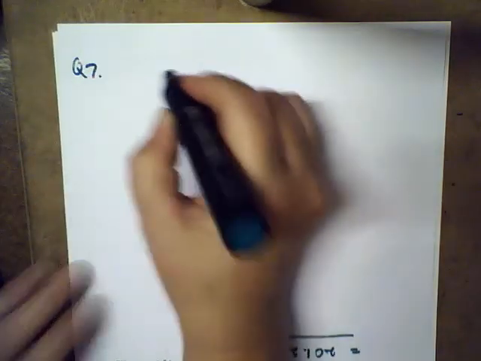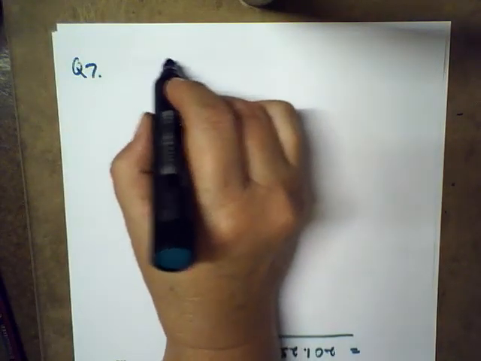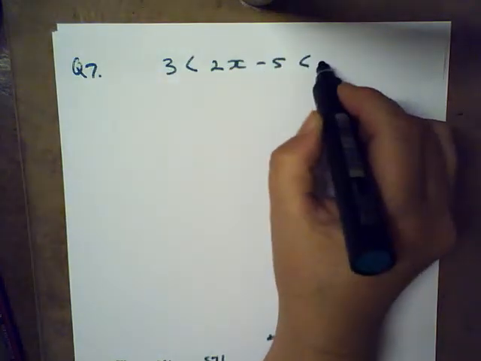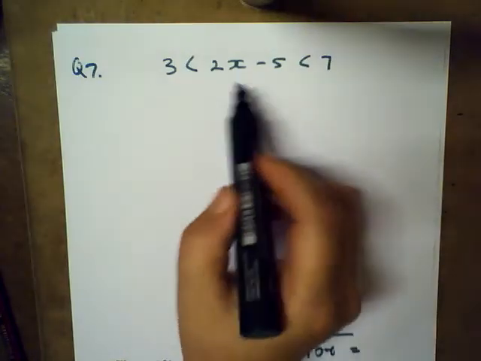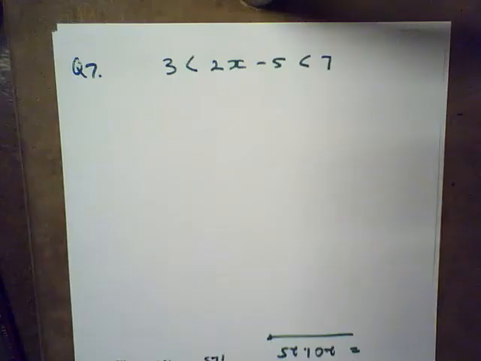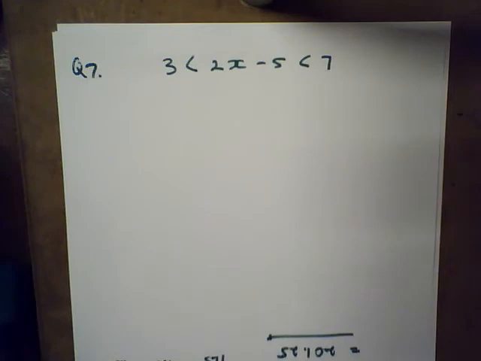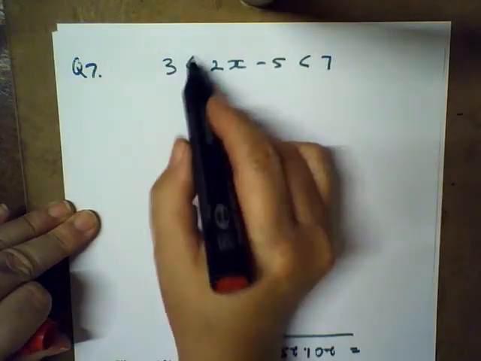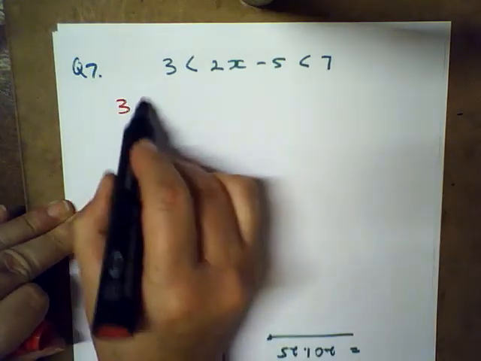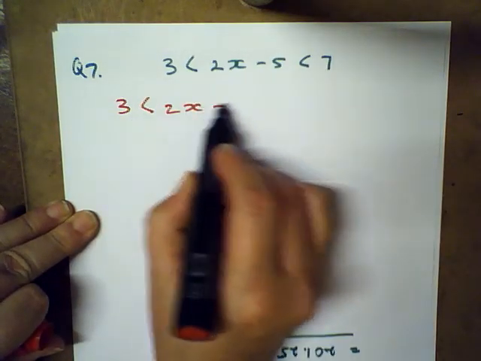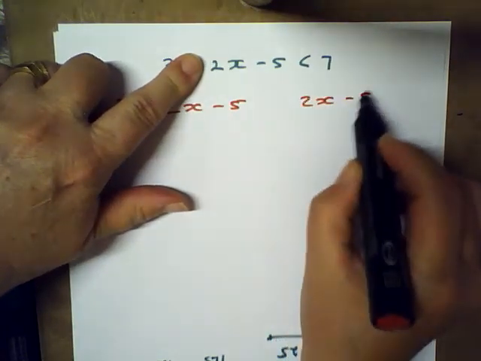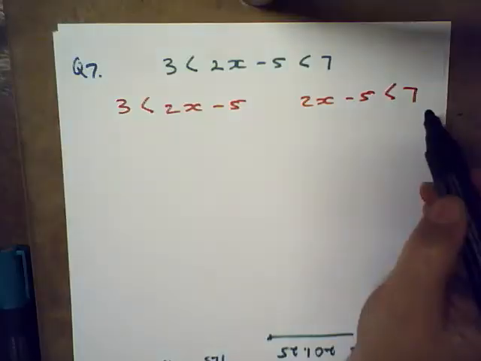Okay. Question 7 is an interesting one because it's an inequality, and they say solve this inequality: 3 < 2x - 5 < 7. Okay, so the way to do this is to separate these into two different little inequalities. So we'll separate it like that and like that. So we'll have 3 is smaller than 2x - 5, and then 2x - 5 is smaller than 7.